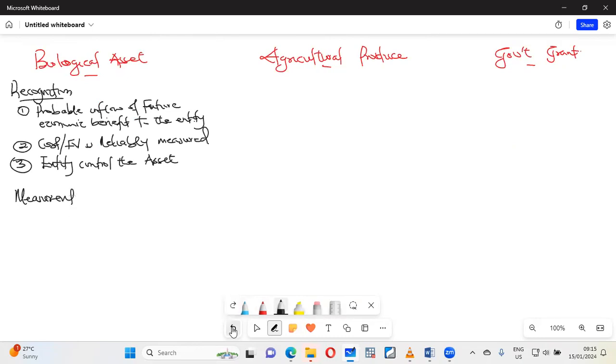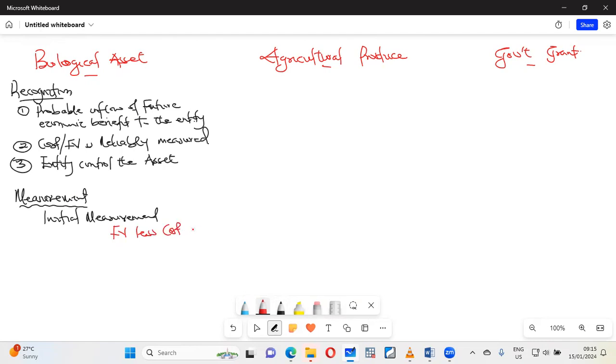Here, the initial measurement is at fair value. All right, so initial measurement is at fair value. It's at fair value less cost to sell.